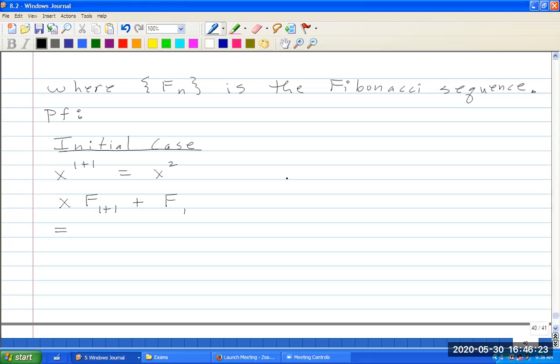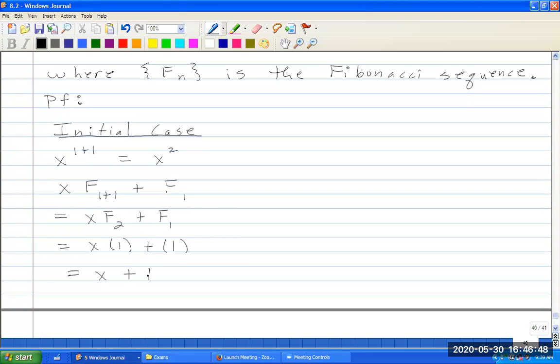Well, f sub 2, 1 plus 1 is 2, I know f sub 2 is just 1. And, oops, that was a typo. I know f sub 1 is 1 because it's a Fibonacci sequence. So this is equal to x plus 1.